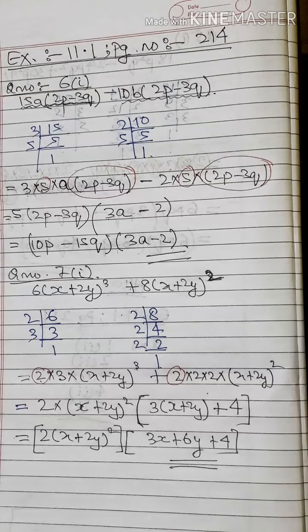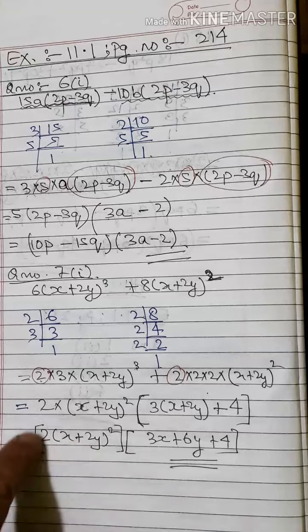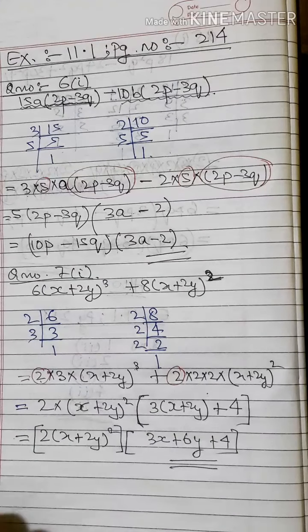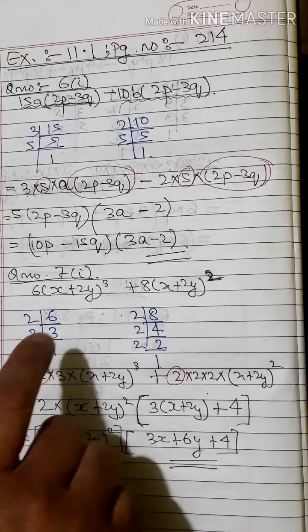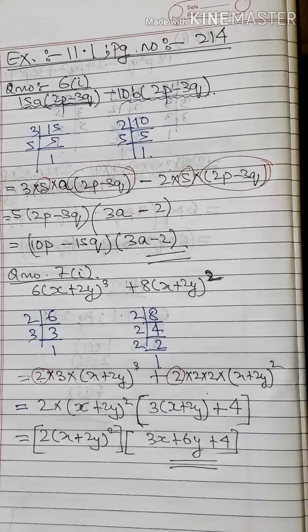The most important thing to understand in question number 7 Roman 1 is how you work with the powers. I'll just repeat once again. Whenever powers are involved, you check the powers. After checking, whichever is the least power, you take the least power as common.